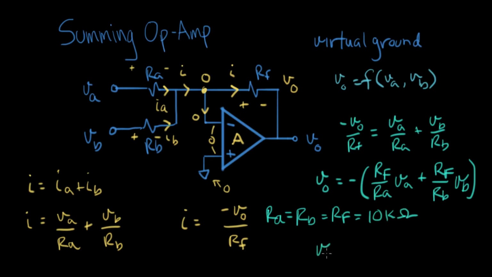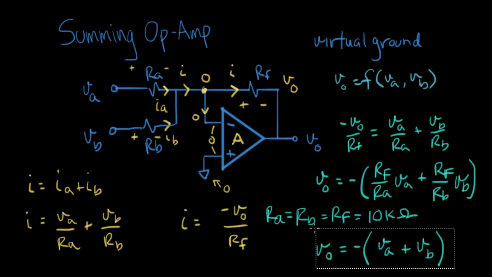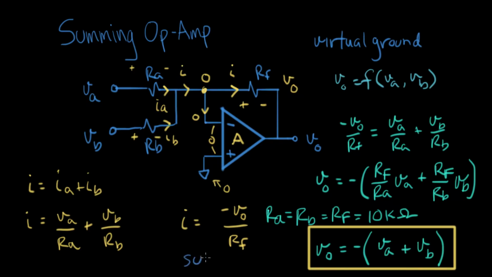We have V out equals, we still have the negative sign, so there's some sort of inversion going on here. RF over RA is 1, so it's just VA, and RF over RB is 1, so this says VB. This is what gives us the nickname for this circuit, which is called a summing op-amp.